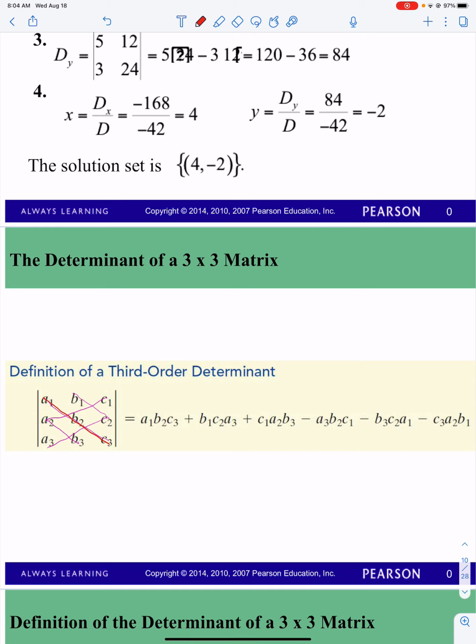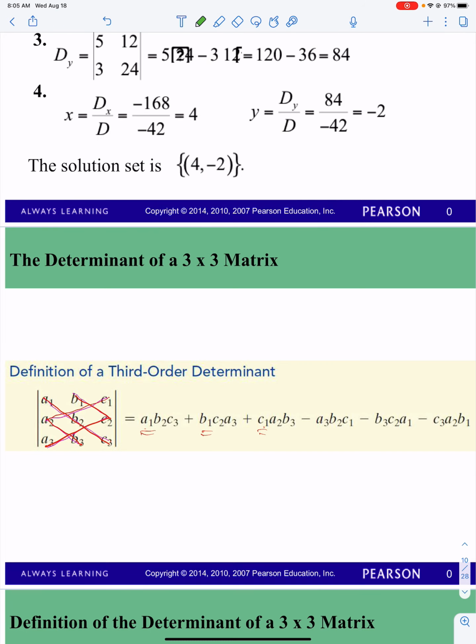So it will be A1 B2 C3 plus B1 C2 A3, with A1, B1, C1 always going first. Then plus C1 A2 B3. Minus A3 B2 C1, which is the other diagonal.